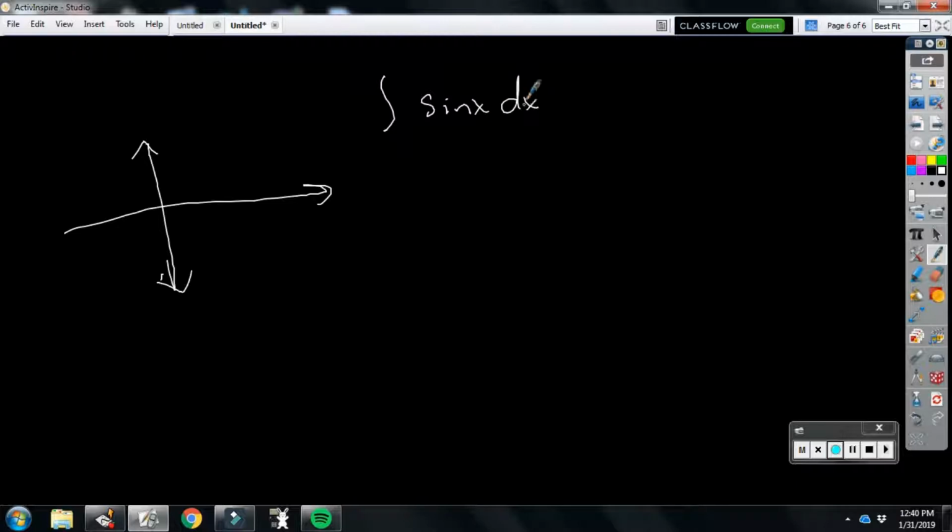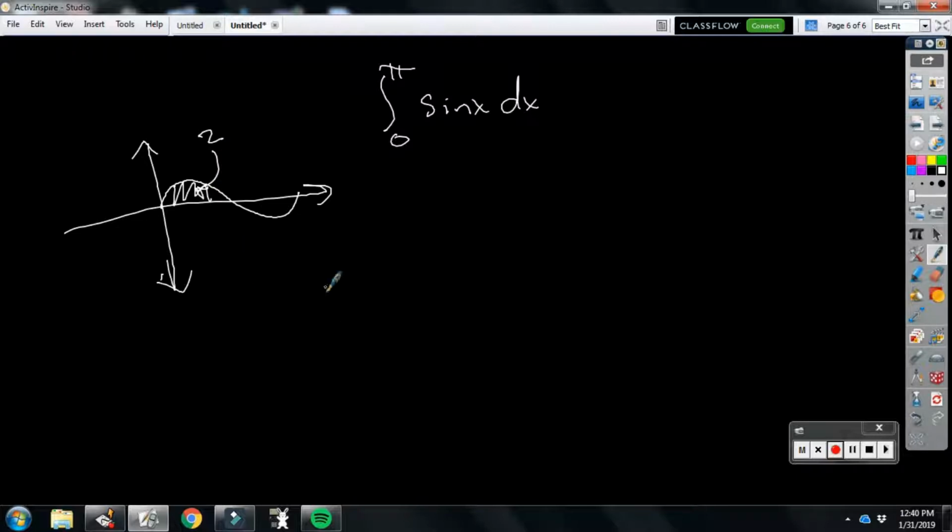Okay, one last thing I want to look at here. You're not going to have this on your homework for this class, but I'm going to tell you that the integral of sine of x from 0 to pi is 2. Okay, this area here is 2.